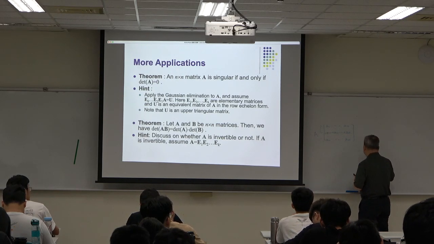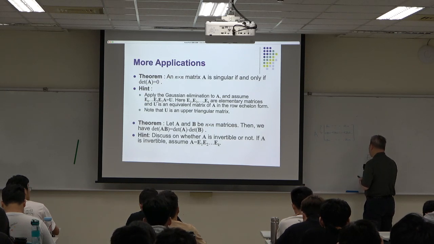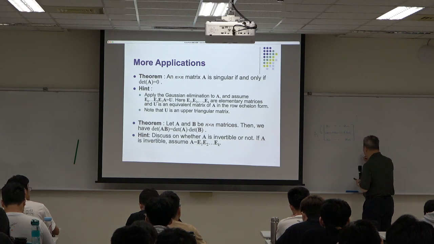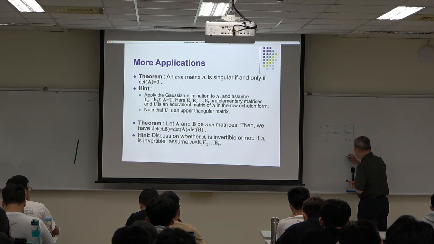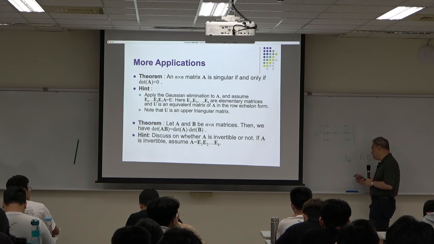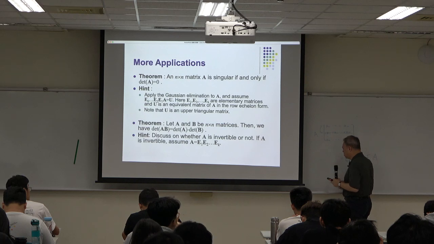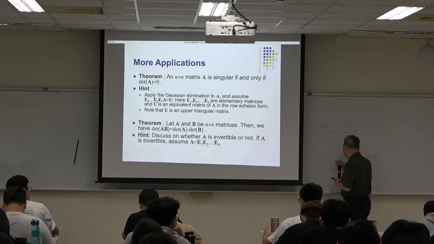Okay, so if that's the original matrix A, you apply the elementary row operations E1, E2, ..., EK. Say you apply K different elementary row operations. Eventually, you get your Gaussian elimination result.